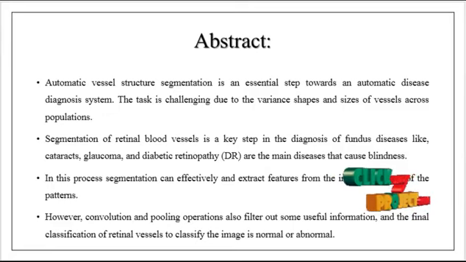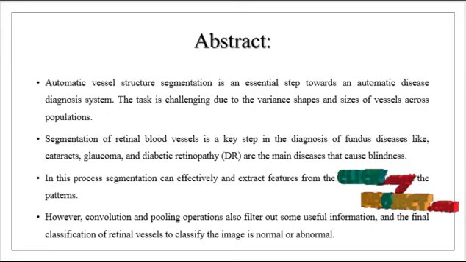In this process, we have implemented the segmentation that can effectively extract the features from the images by means of patterns. However, the convolution and pooling operations also filtered out some useful information, and then finally we have applied the classification methods to classify whether the input image is normal or abnormal.